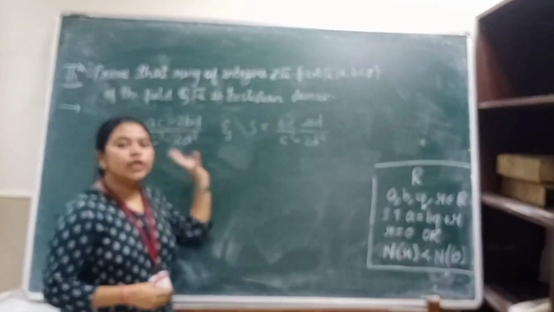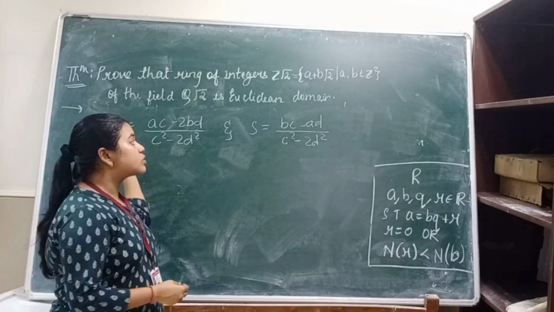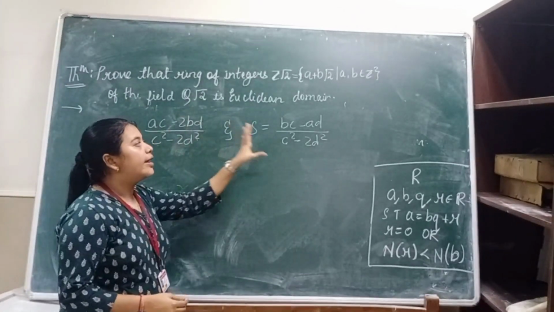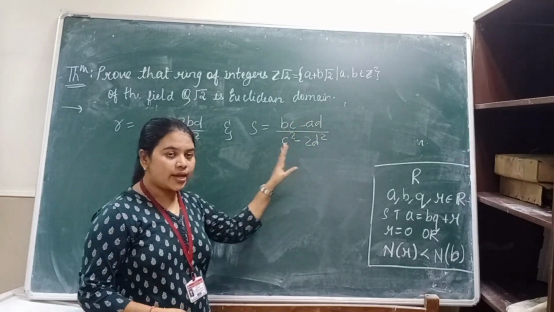Now after this, we need to take integers which are closest to r and s. So let n be the integer closest to r and m be the integer closest to s.